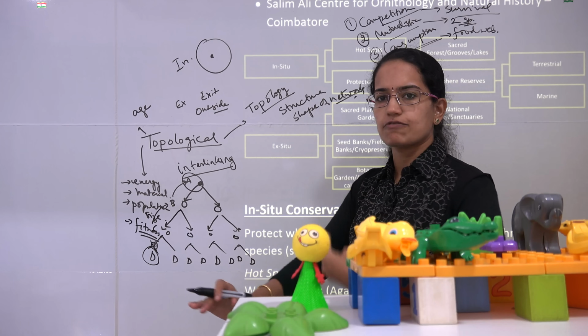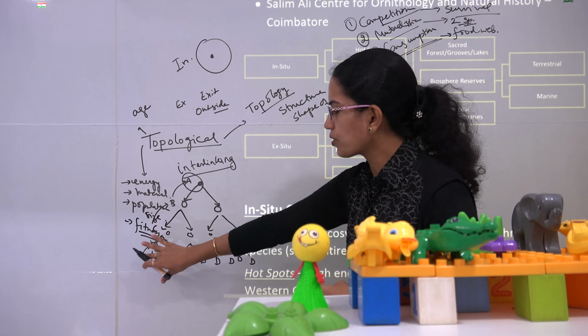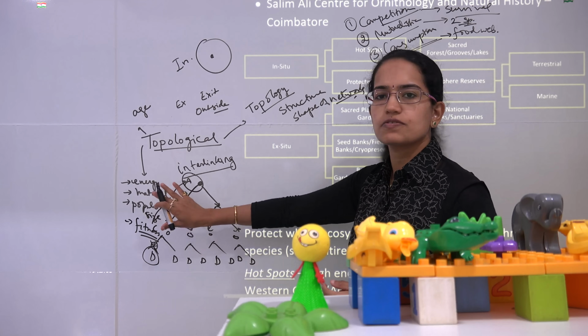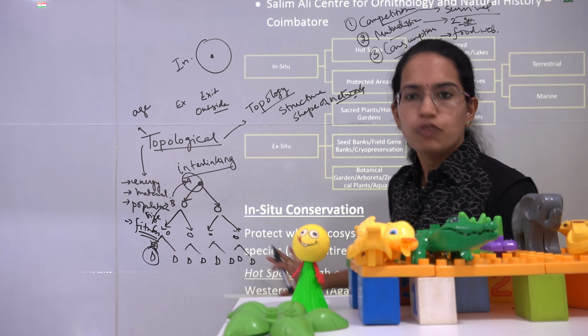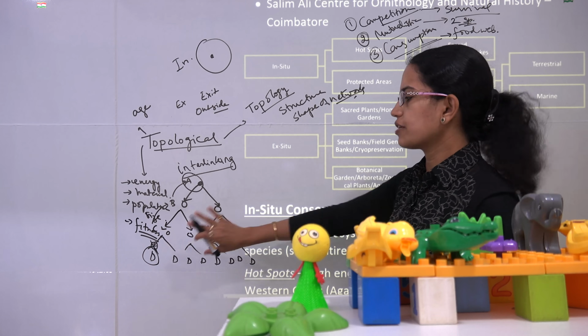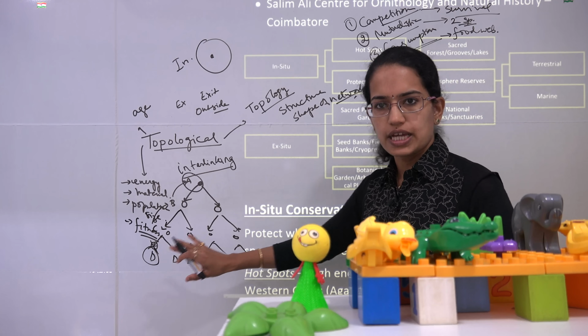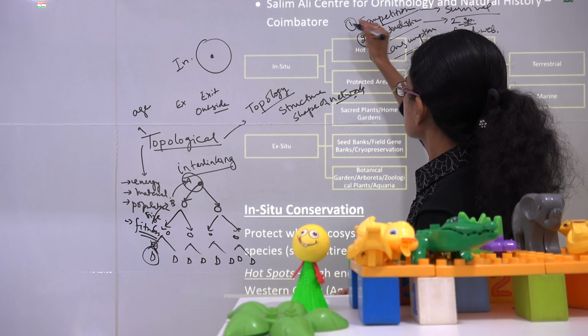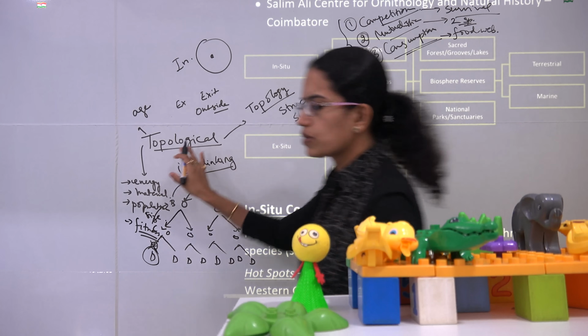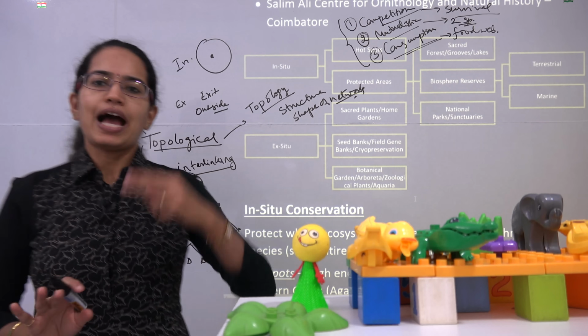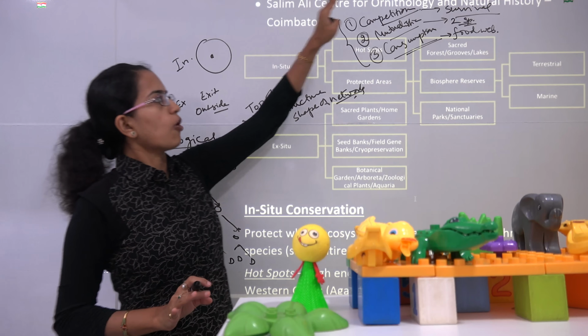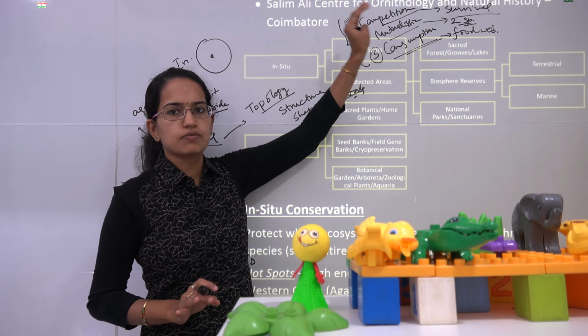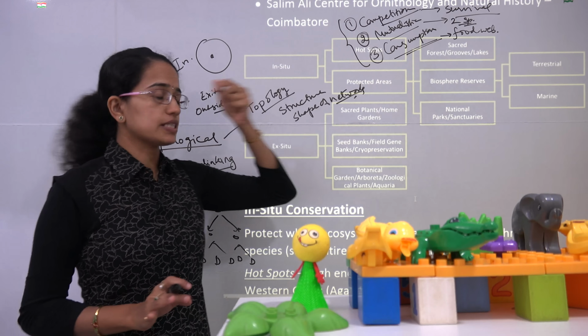So snake eats the frog. So if you want to preserve the population of snakes, you must preserve frogs in that area, and then only you could have snakes that could be preserved in that area. And therefore we understand these networks under topological conservation as three heads. That's the competitive network, the mutualistic network, and finally the consumption based network.